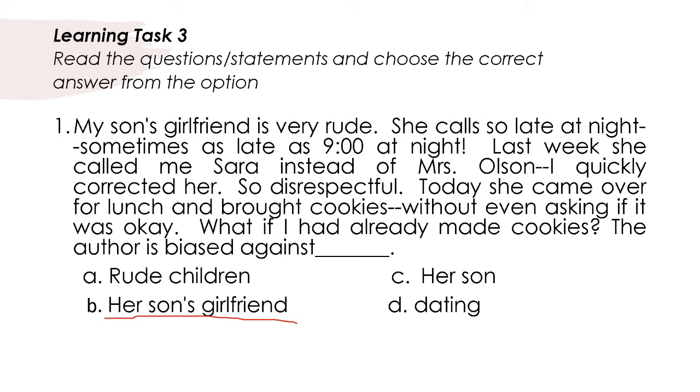Like, the girlfriend of his son is very rude. She calls late at night. And she is disrespectful according to the writer or the author. Okay, the author doesn't like her son's girlfriend.